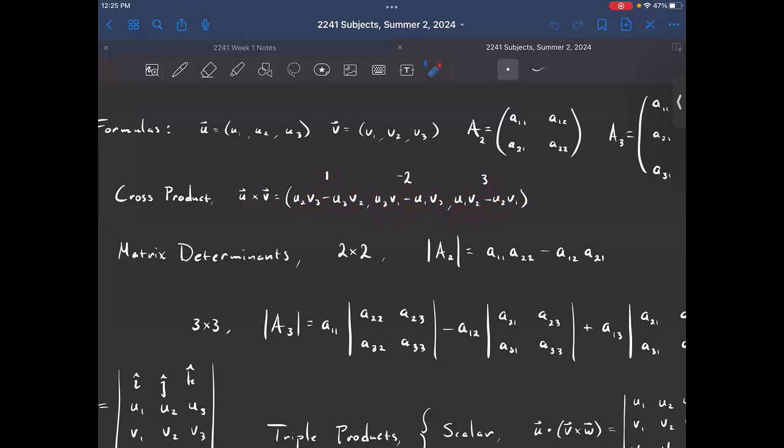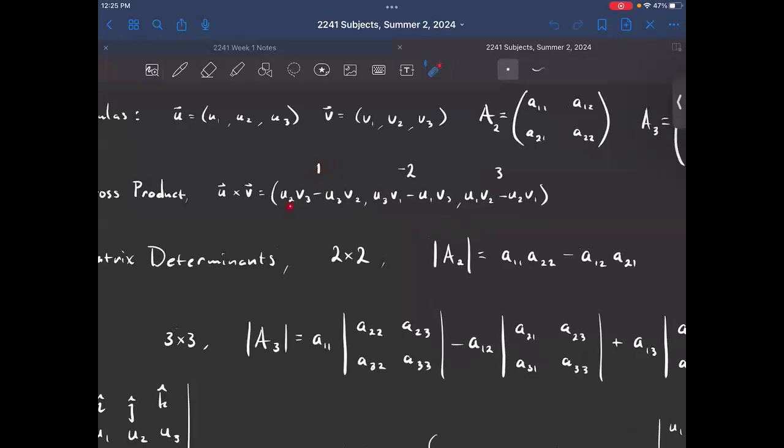Okay, so let's examine this for a second and just note some patterns that might help you remember this formula. And we'll get another formula in a minute that helps you remember it even more. In the first coordinate, the indices are the two different ones. So 1, and we see coordinates 2 and 3 of u and v.